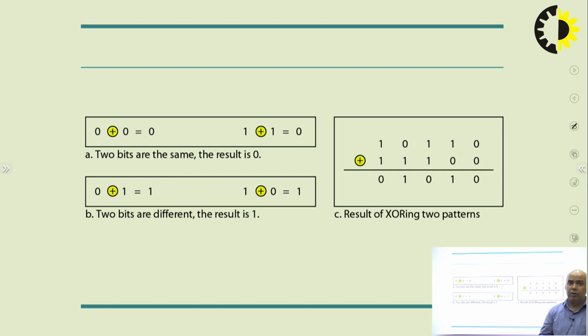So, this is the method. If we add these two code words, or these two bit patterns given to you, we get these results. This result is the XORing of the 2 patterns.